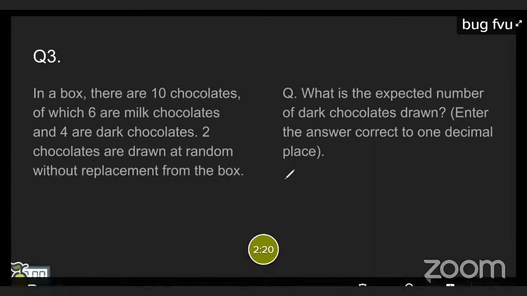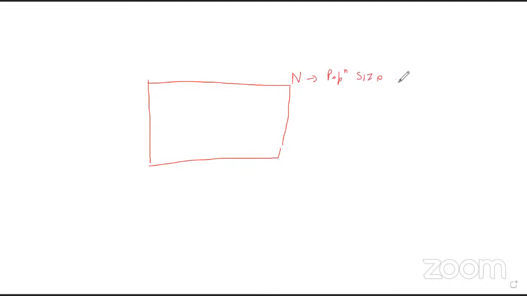First, in our population, we assume that there are capital N elements. This is my population size, right? Now we are dividing it into two parts. One is dark chocolate and one is milk, right?